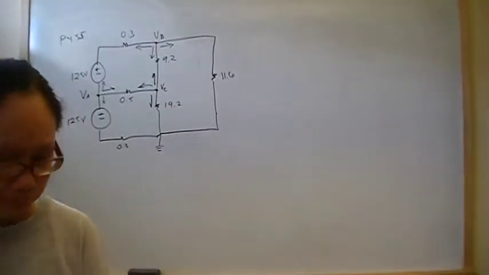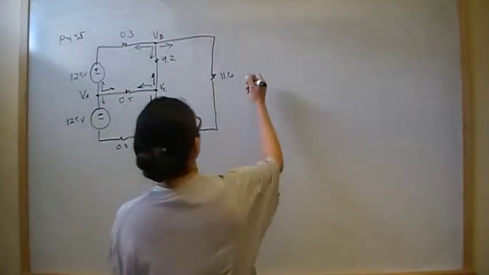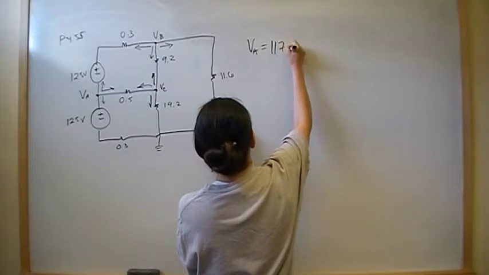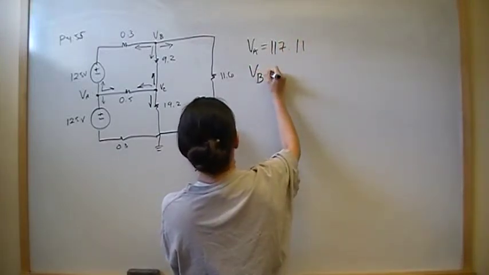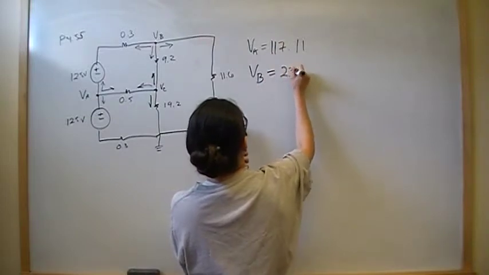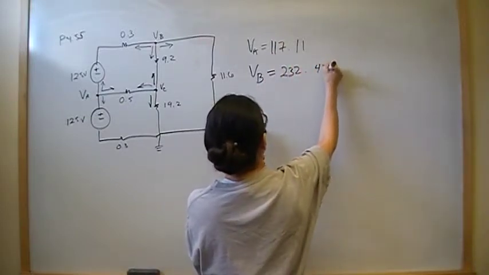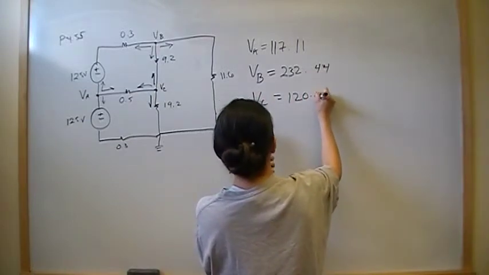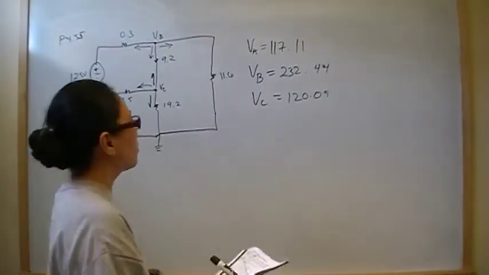What you should have found is that VA is 117.11, VB is 232.44, and VC is 120.09. So what were we originally looking for?